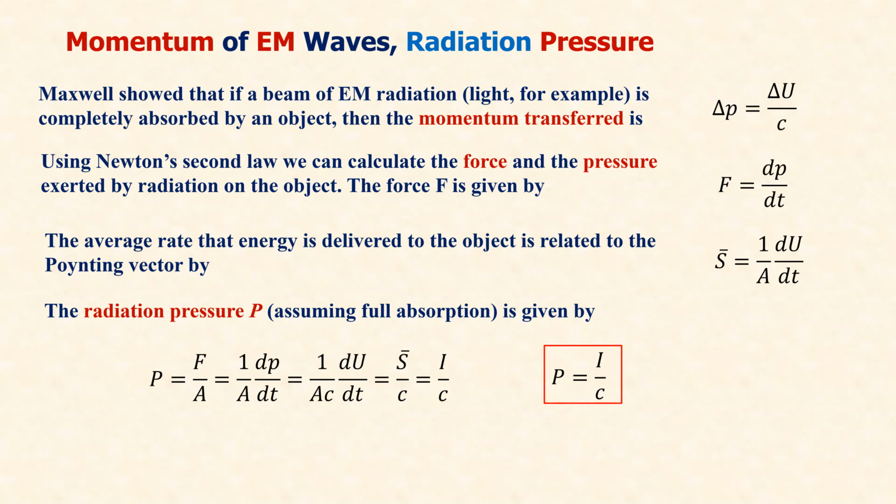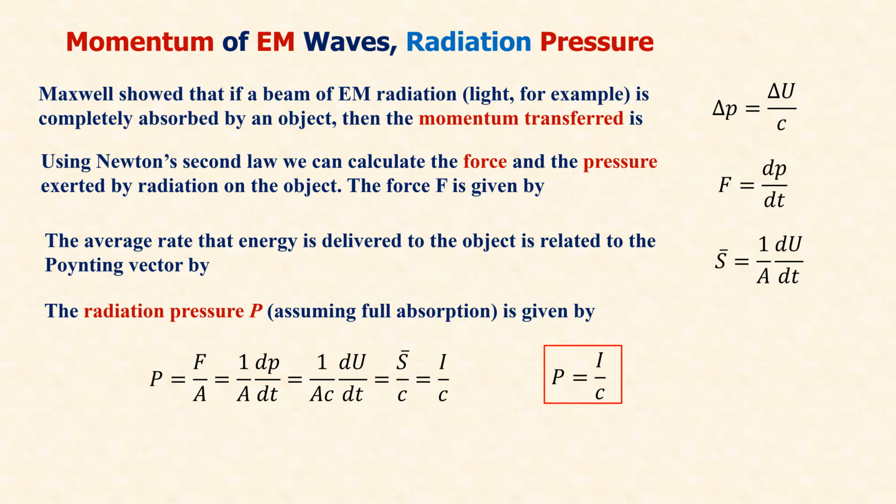So for example, the light intensity of the sun's light is about 1,000, so 10 to the 3, divided by C, which is a large number in SI units. So the radiation pressure of the sunlight, let me calculate quickly, is very small.